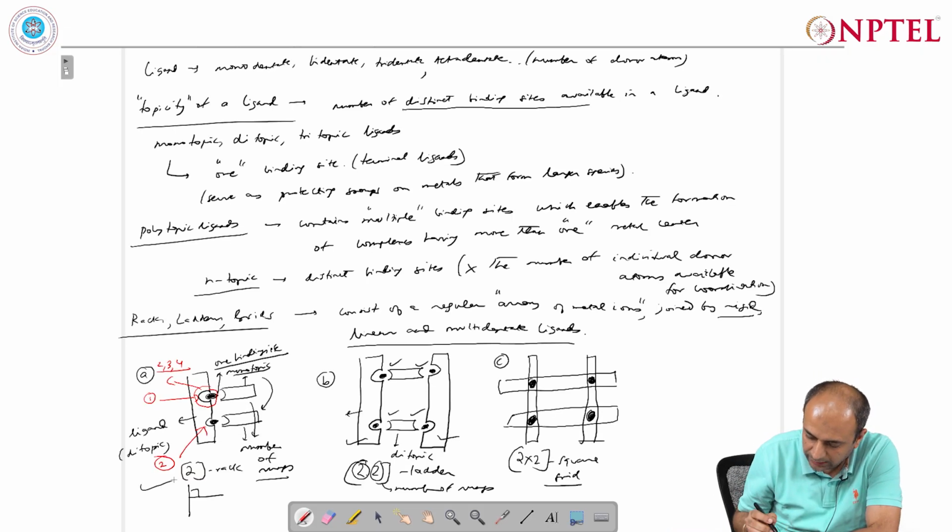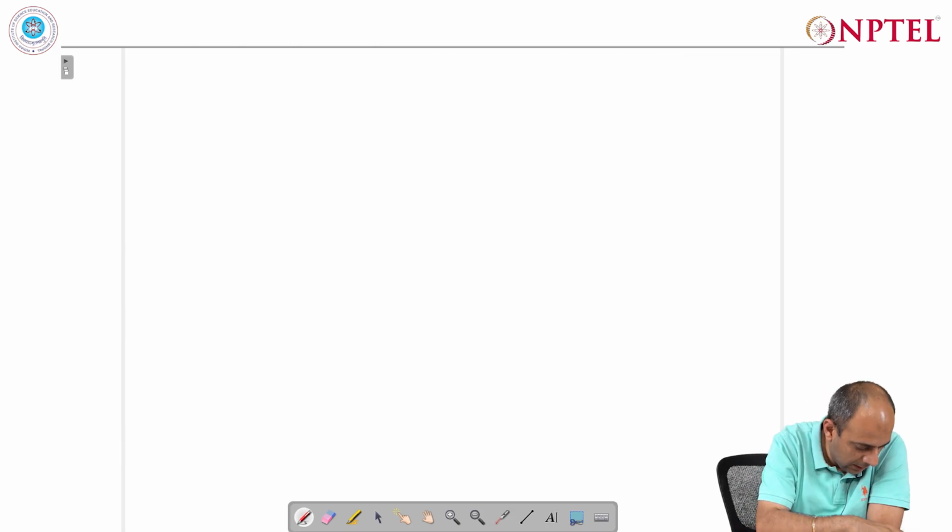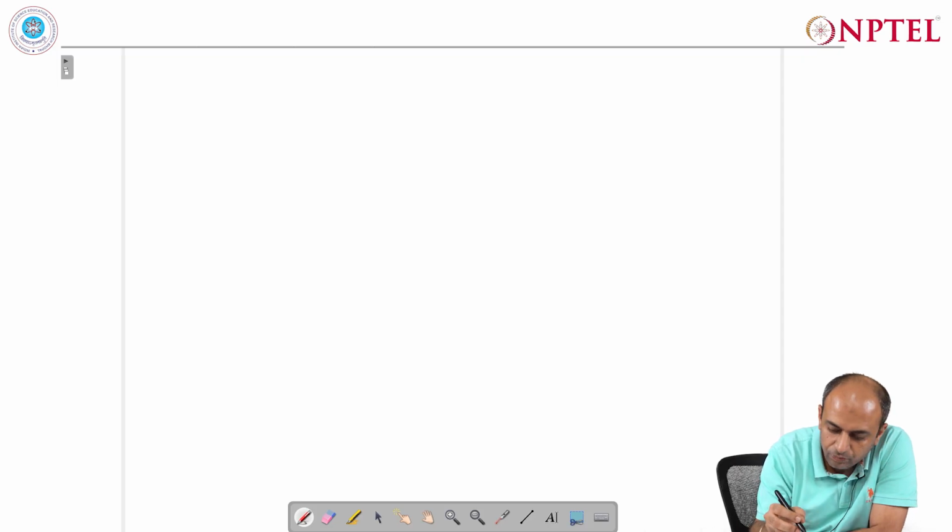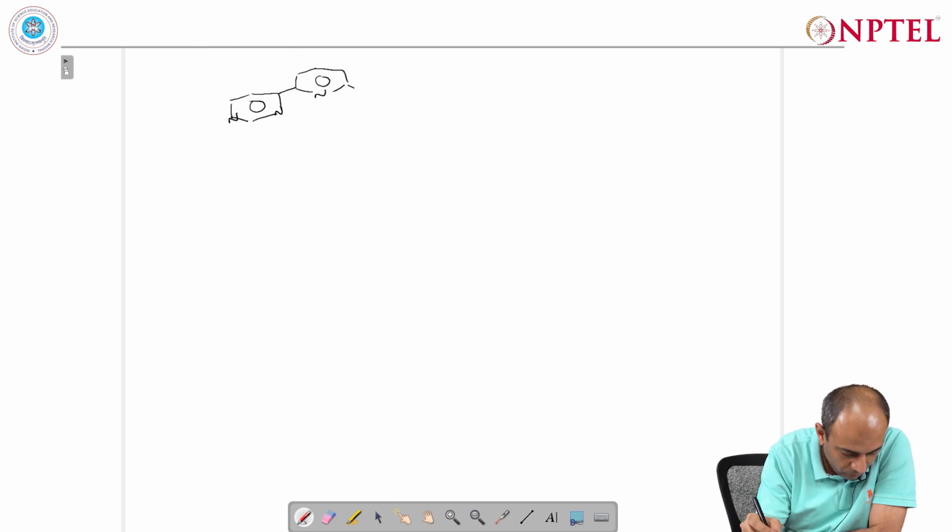So we can now look at an example first of a 2 rack, and so what was done is that the concept was extended to formation using this particular ligand.